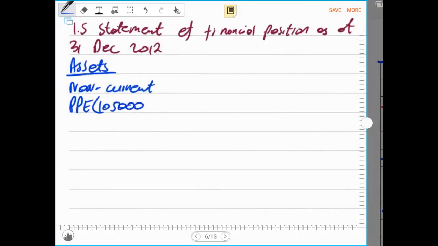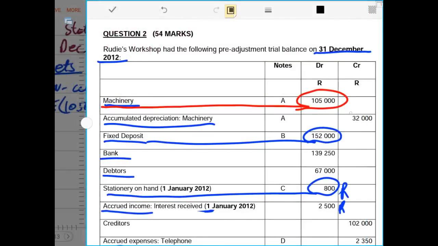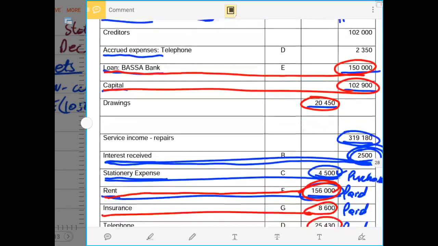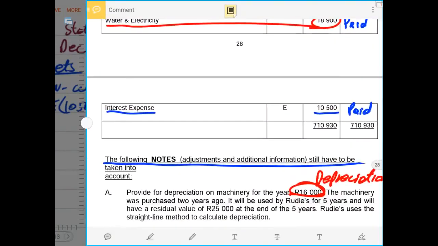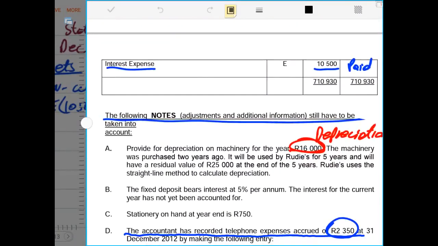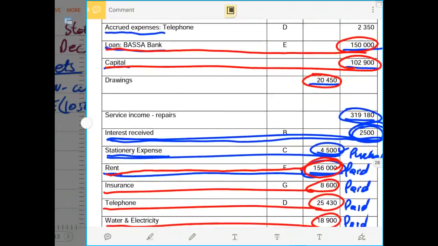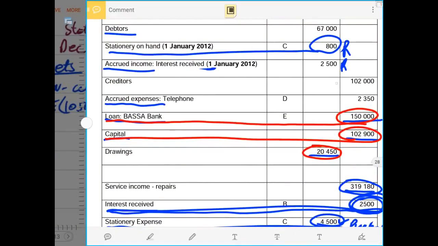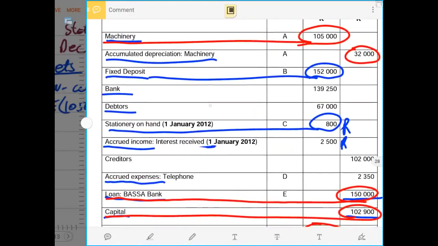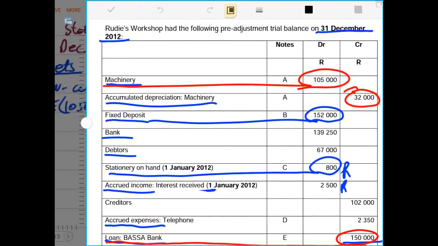Remember, we have to subtract the accumulated depreciation for that asset, and our accumulated depreciation given in the trial balance is 32,000 rands, and we still have to take into account depreciation for the current year, which is the 16,000 rands, because the accumulated depreciation that we see in the trial balance of 32,000 rands does not include the 16,000 rands that we see in the adjustments.